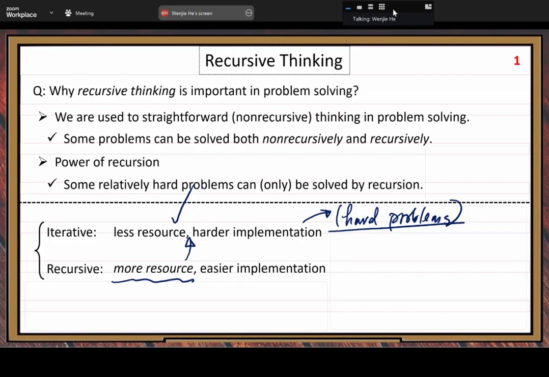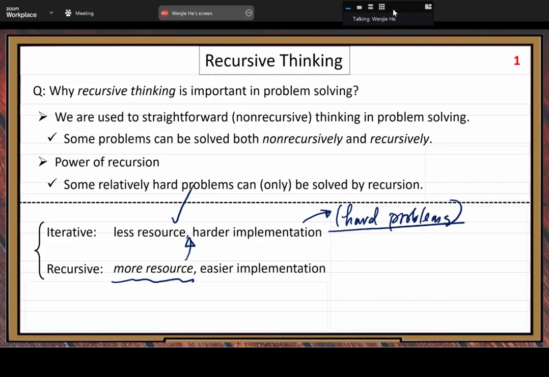Why? I will explain. That's the cost. Nothing is free, right? Recursion is a powerful tool to solve computing problems, but there is a cost. You need to pay relatively high computing memory resource to get that power.